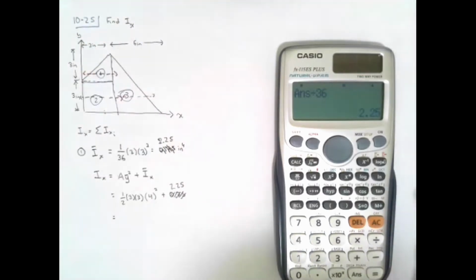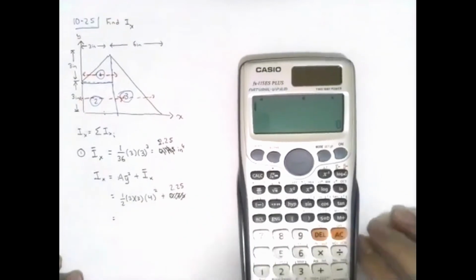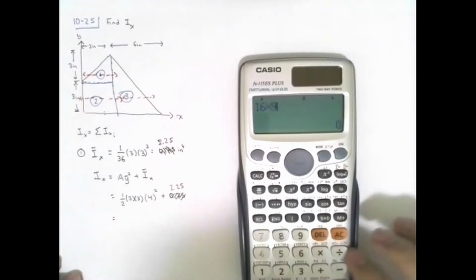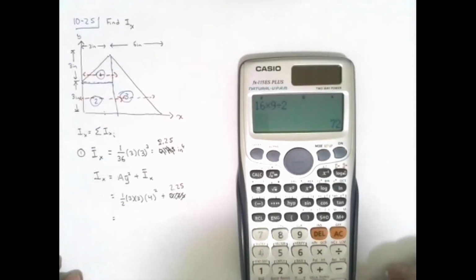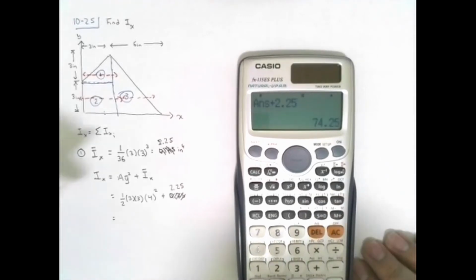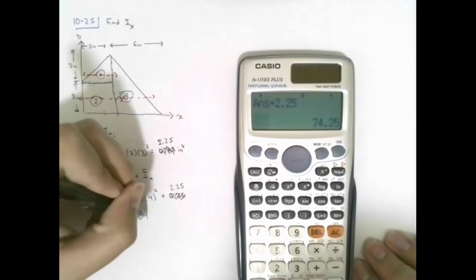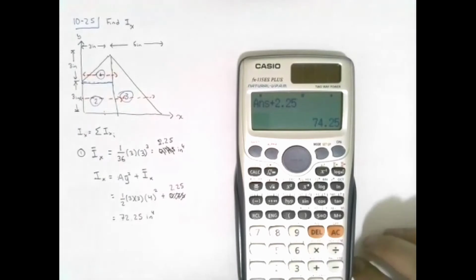All right, and then plugging in everything else, we get 1/2 times 3 times 3 times 4 squared. So that's 16 times 9 divided by 2. And to that, we add 2.25, and we get a moment of inertia of 74.25 inches to the power of 4.